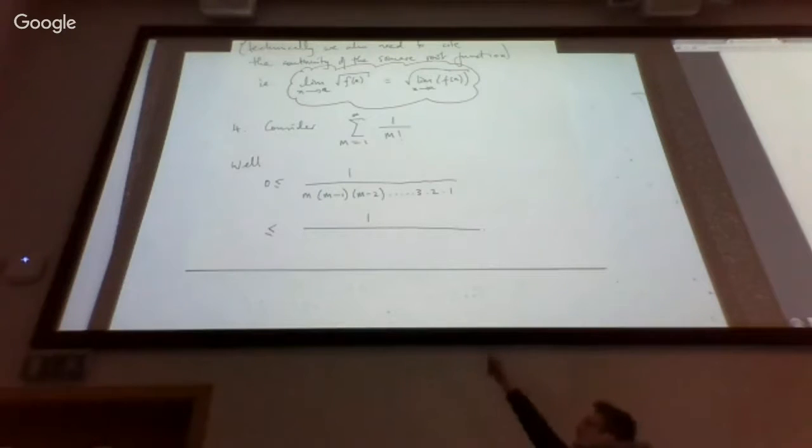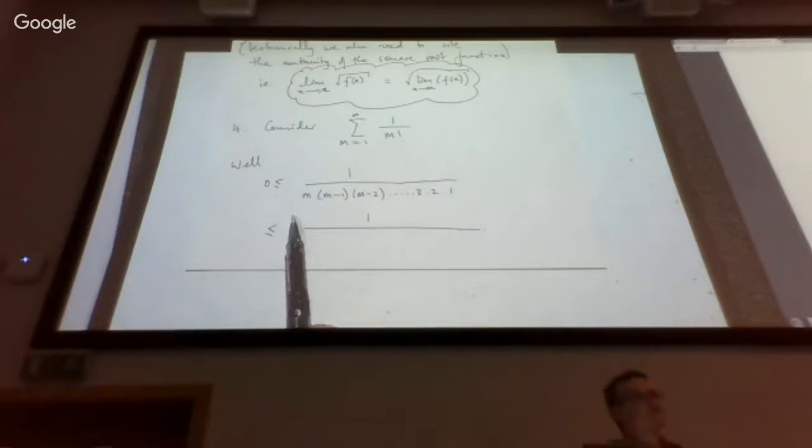It's awkward at the moment because every factor is different. Is there a way I can make them all the same? I could replace them all by 1. Certainly, this term 1 over n factorial is less than 1.